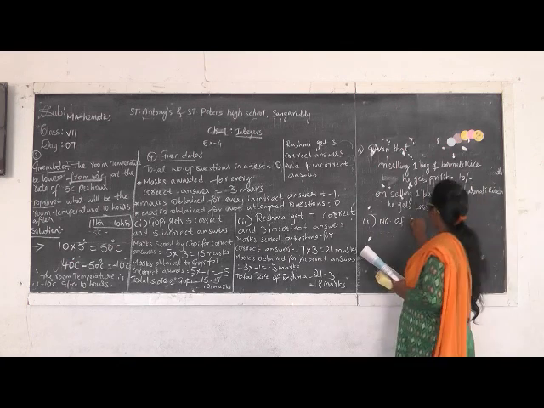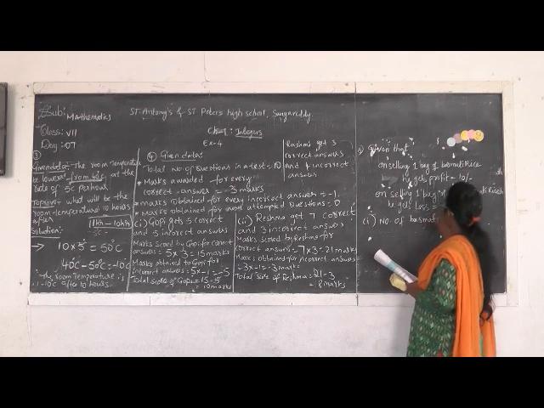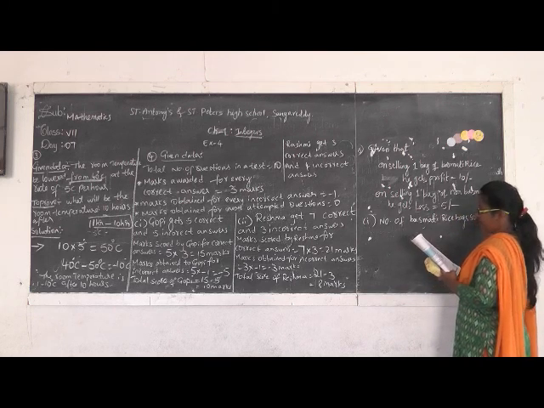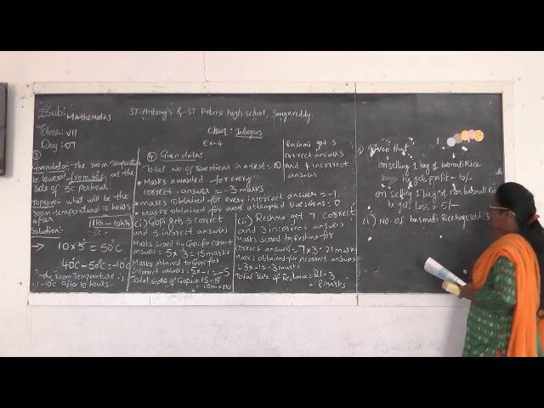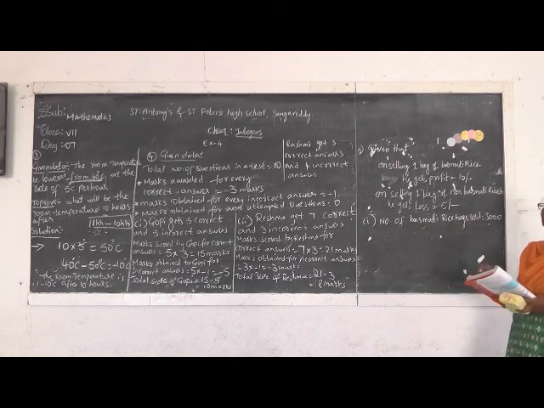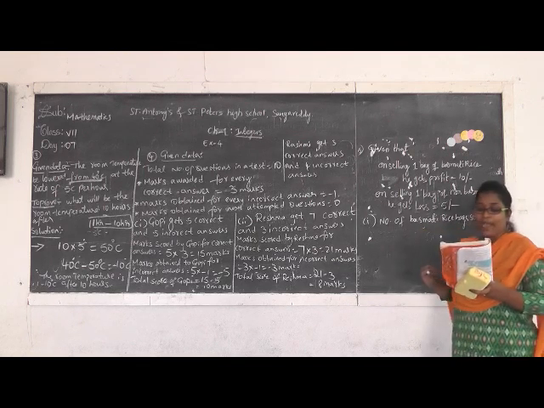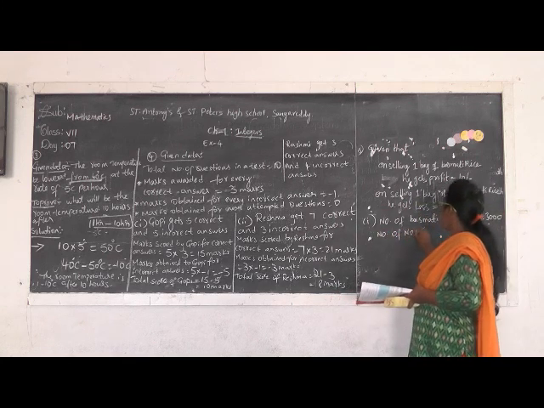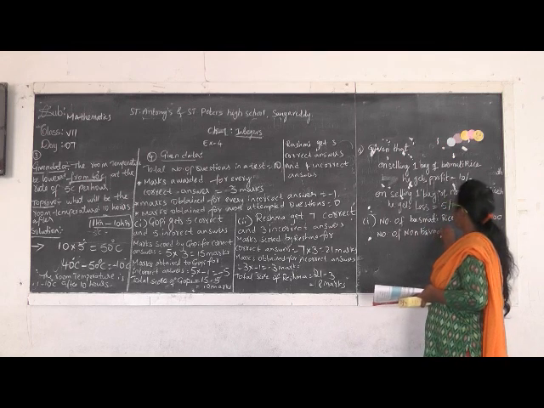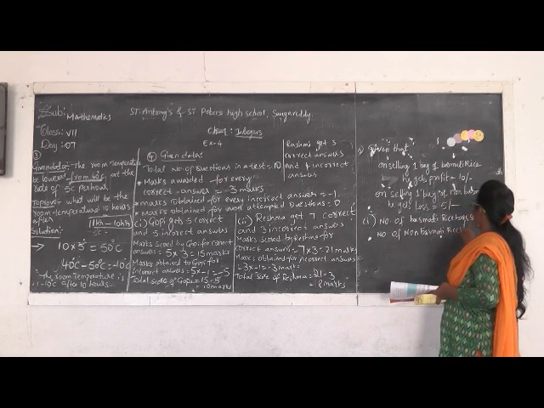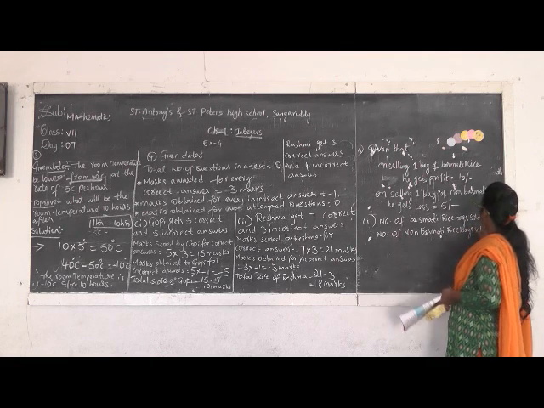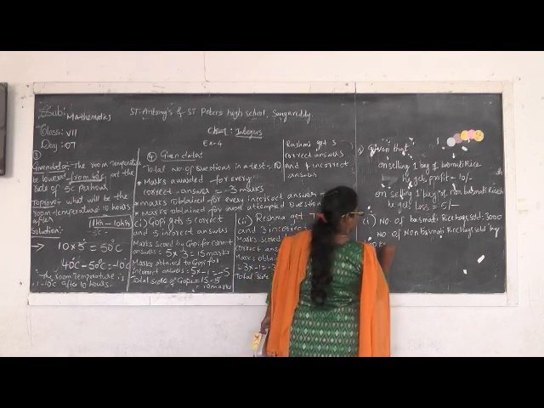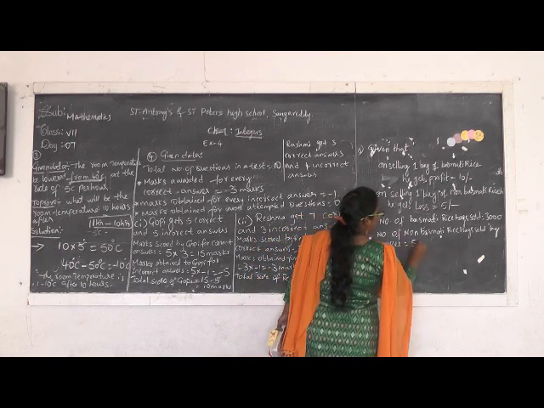So the number of basmati rice bags sold is equal to 3000. Now how many bags of non-basmati rice were sold by the shopkeeper? The number of non-basmati rice bags sold is equal to 5000 bags.